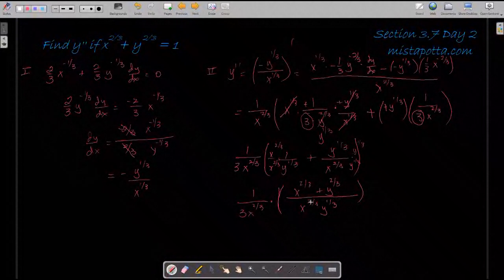But I do have one more trick up my sleeve. In my original problem, I knew that x to the 2/3 plus y to the 2/3 equals 1. And so that means this numerator is really 1.